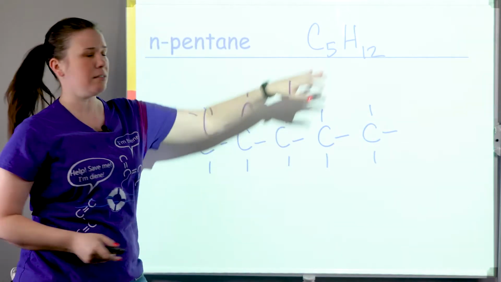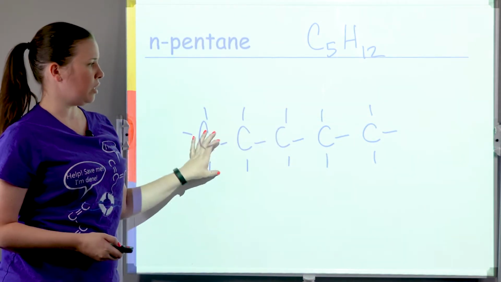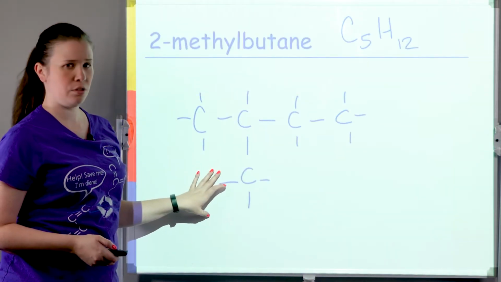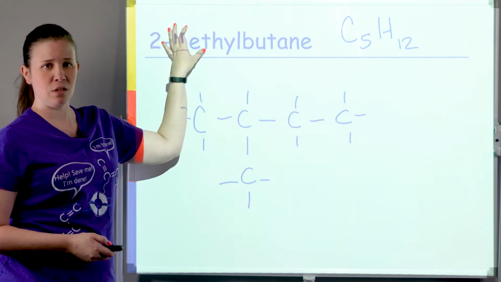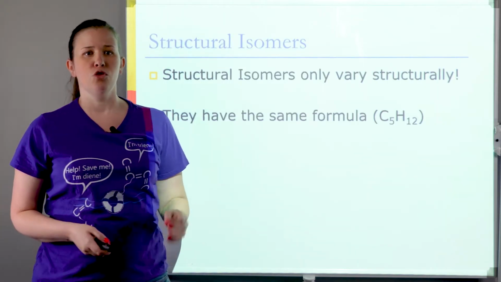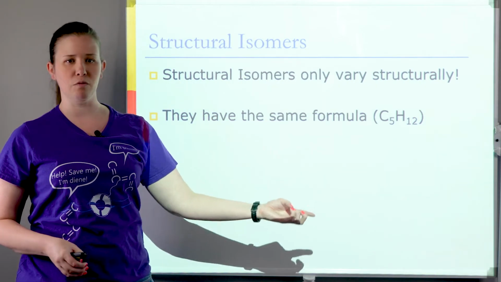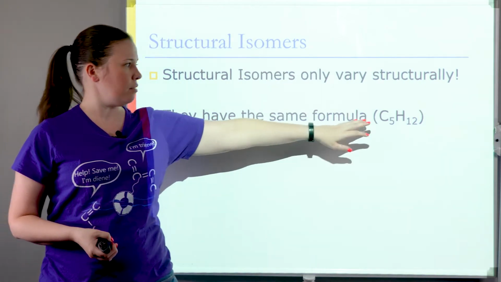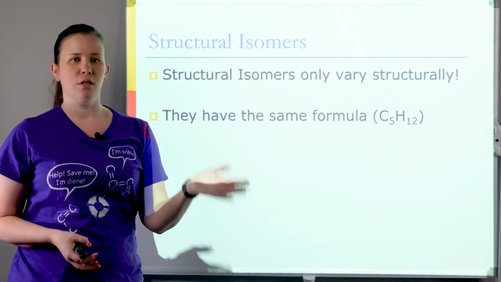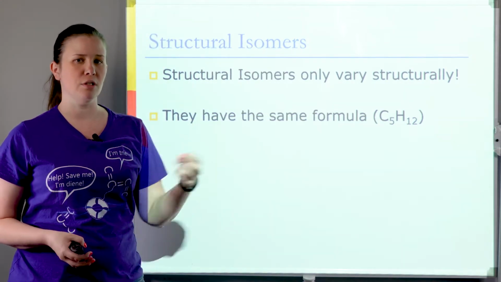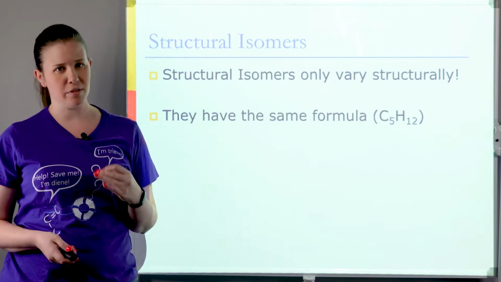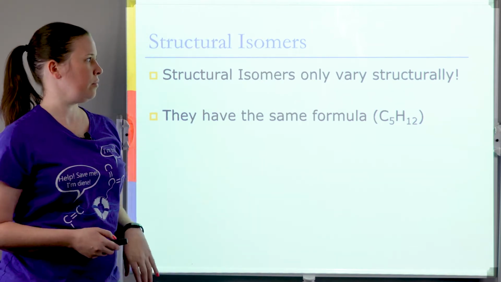When something has the exact same chemical formula, but has two different structures, two different names, we call them isomers. Structural isomers will vary structurally, but they would have the same formula. So anytime you have the same number of carbon and hydrogens, you're going to end up with different structures. You're going to have isomers. Not the same as isotopes, isomers.